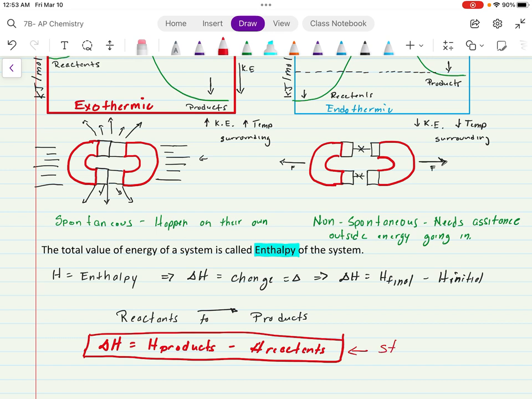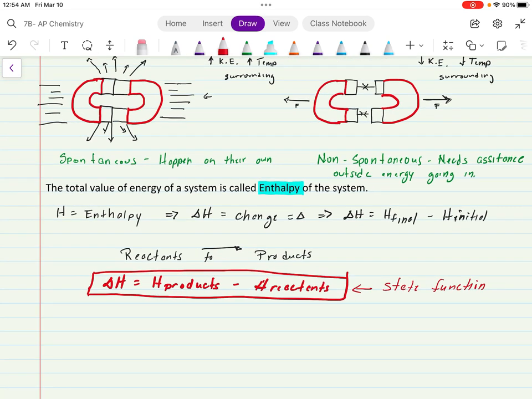Now, what does it mean for enthalpy to be a state function? That means that a state function, like the change in temperature, has to do with what's happening at that moment, right? It doesn't matter what caused the change. It doesn't matter what energy was added to cause the change. What matters is that the energy is changing.